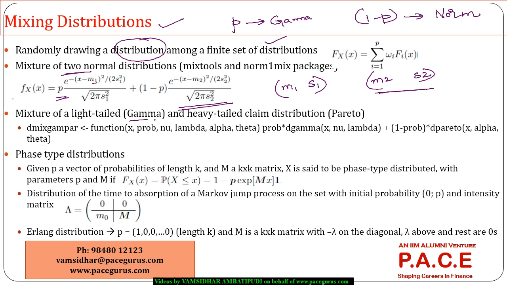Similarly, I can have some probability that it follows a gamma distribution. So especially for claims, I can try this kind of mechanism. There is some probability that it follows a light-tailed gamma distribution, and some probability that it follows a heavy-tailed Pareto distribution. So I can very well create a mixture distribution like this. I can create a mixture distribution like dmixgampar from the existing.